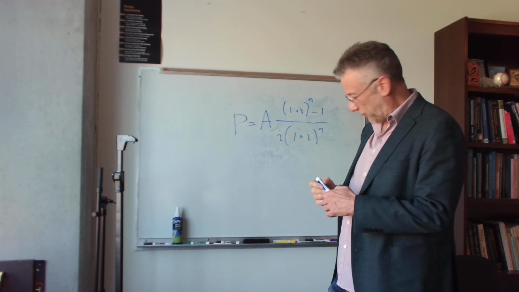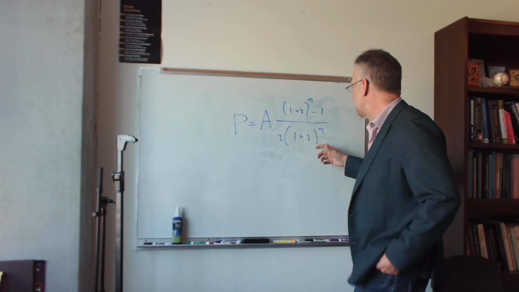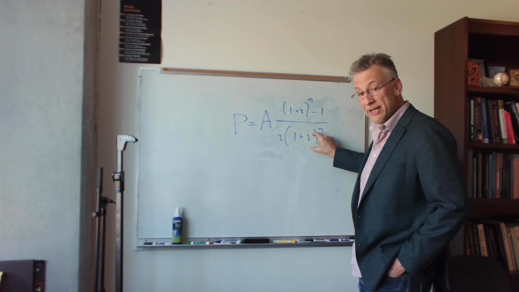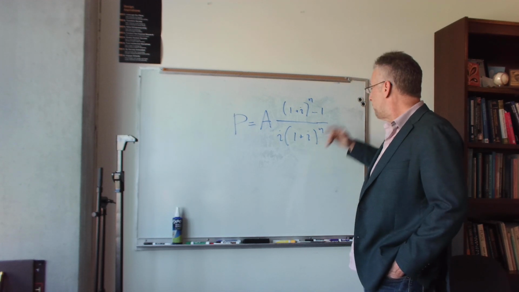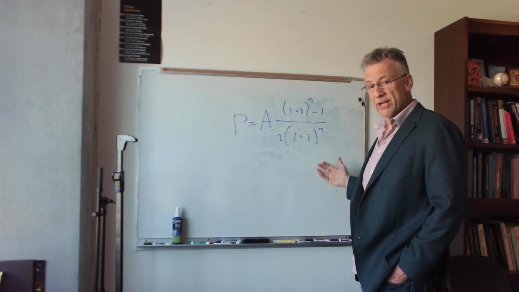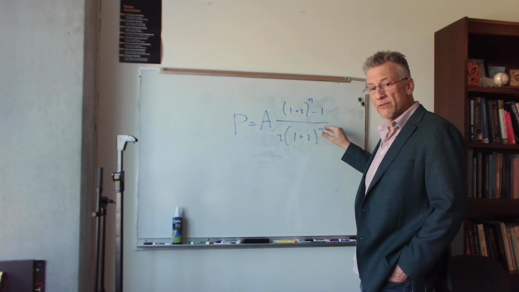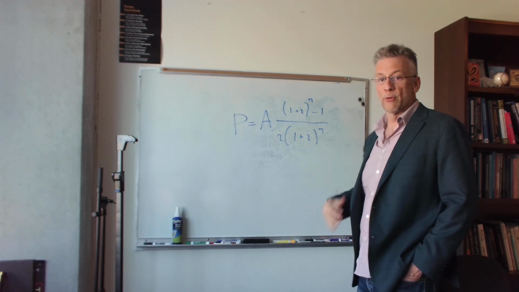You can use this for annual compounding, monthly compounding, as long as you're careful to adjust the discount rate by the number of compounding periods per year, when your discount rate is expressed annually, and then compute the number of compounding periods correctly.